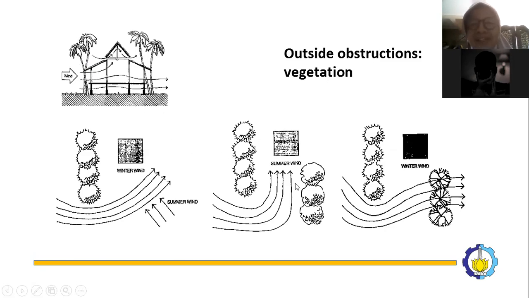If you choose like this, that means the tree is like a palm tree or coconut tree. If you choose like this, then it's like a shrub with dense leaf to protect the wind or to direct the wind.